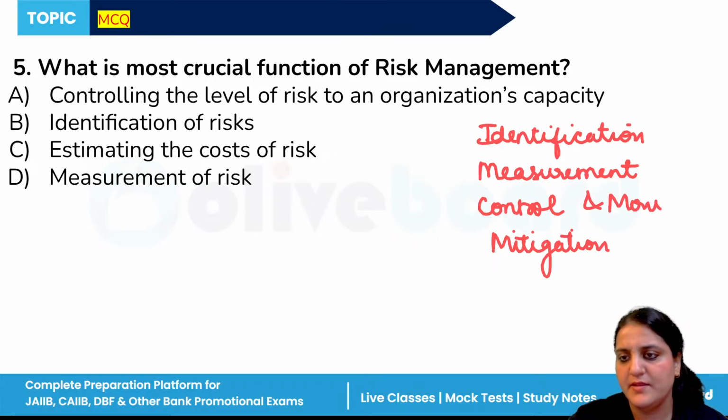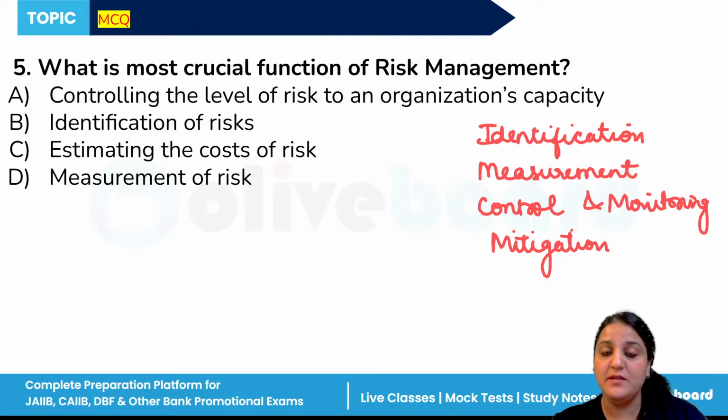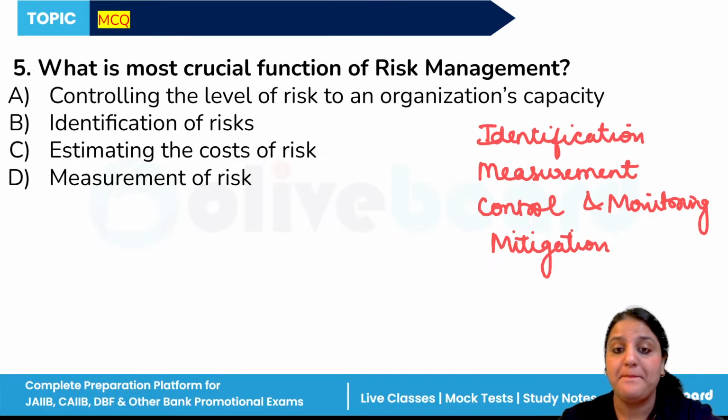This is the complete process of any risk management. While identification, measurement and cost estimation are important, the most crucial function is controlling the risk, so the organization does not take more risk than it can handle.